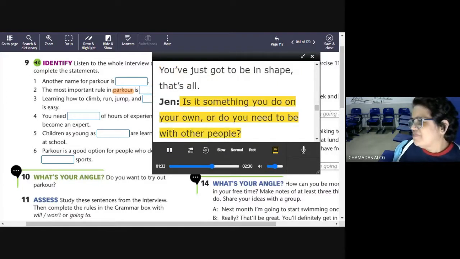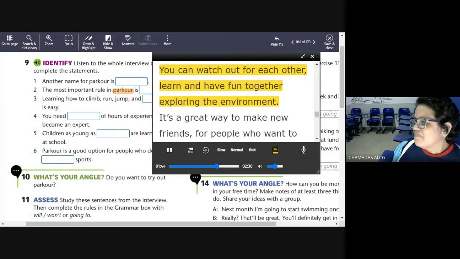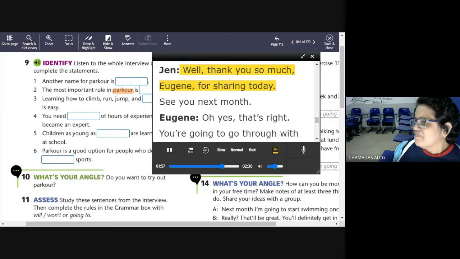Is it something you do on your own, or do you need to be with other people? It's not a team sport, but training with other people or in groups is an important part. You can watch out for each other, learn and have fun together exploring the environment. It's a great way to make new friends for people who want to work out but don't like traditional sports. Well, thank you so much, Eugene, for sharing today. See you next month.